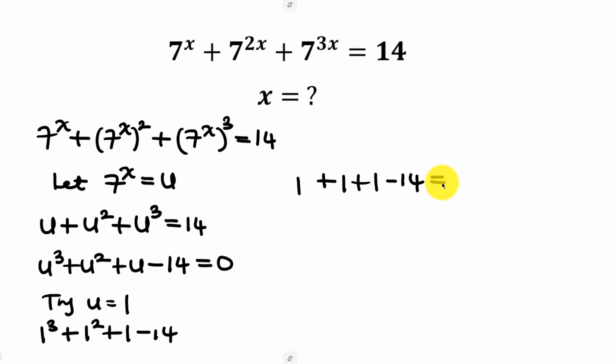So what will I have here? 1 plus 1 plus 1 is 3 minus 14, that will be negative 11. So this does not result to 0. So we can see that the value we have here is smaller.